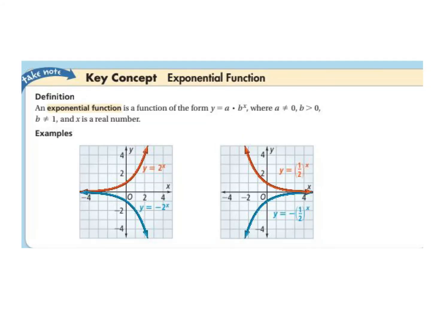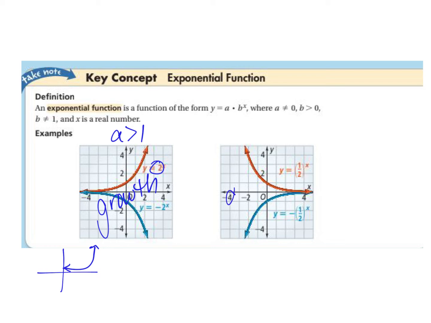So here are what the graphs look like. This first example, I would sketch it something like this. If you notice here, the base is more than 1. This is what we would call growth. So I would sketch to show that it is growth, going up from left to right.